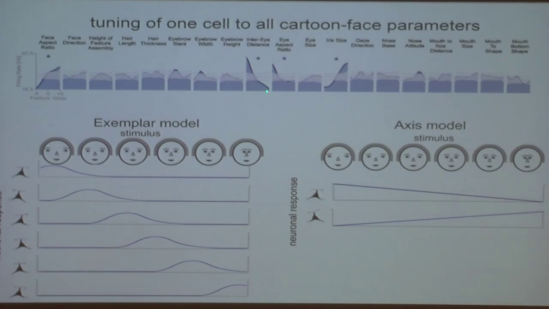You can see that when a cell is significantly tuned to one of these variables, it tends to be ramp-shaped, that is, peaking at one extreme and inhibited at the other extreme. You can see here again for iris size, inner eye distance, shape of the eyes, and face shape. In general, ramp-shaped tuning was what we saw for all of these variables.